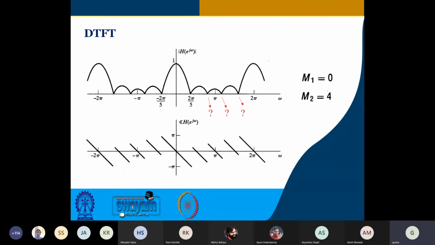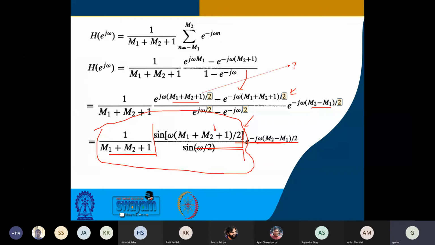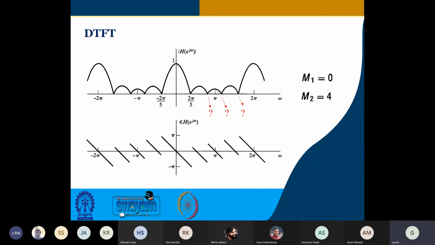So moving forward, if we just substitute some values, say M1 is equal to 0 and M2 is equal to 4, then if you plot this particular H(e to the power j omega) against omega, this is what you will get. As we have told, omega is continuous in nature, right?